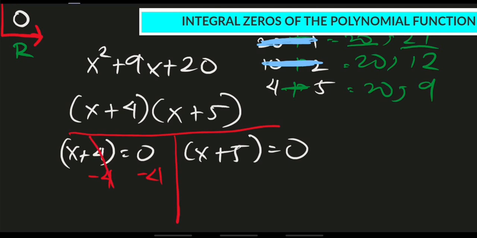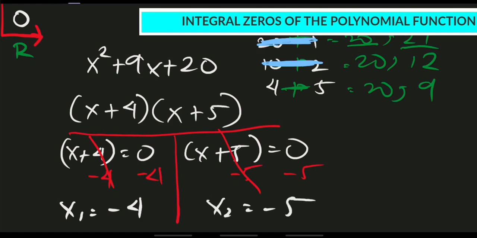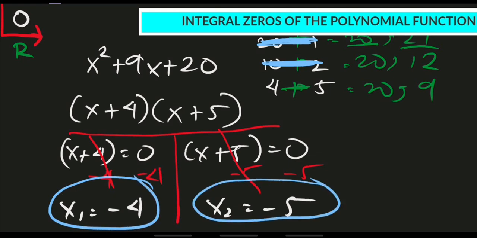That means x sub 1 is equal to negative 4. Okay, next, if we have x plus 5 equal to 0, let's subtract 5 from both sides, and it will allow us to cancel this one. That means the value of x sub 2, or the second root, is negative 5. So we have negative 4 and negative 5 for this given problem.